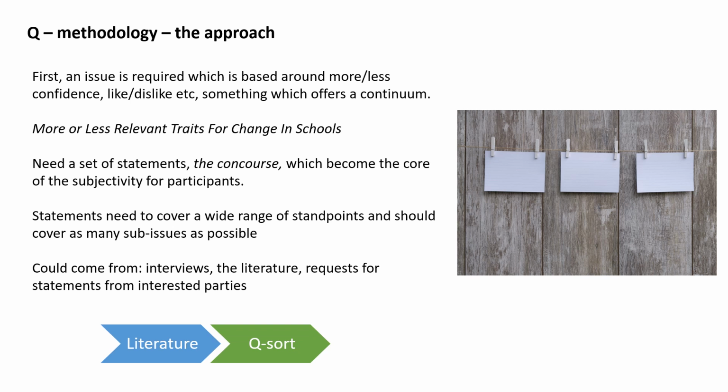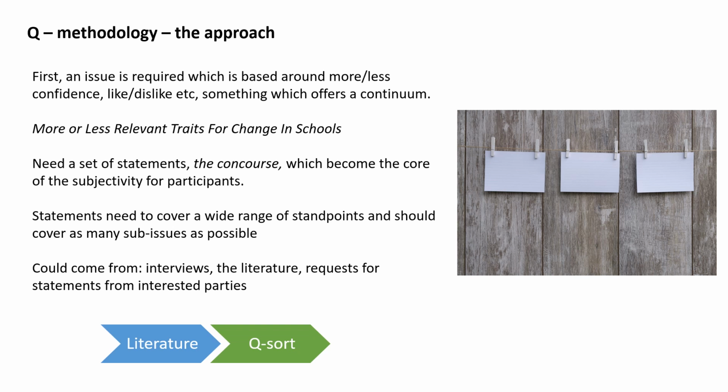You could do it from literature. So you could say, right, I'm going to read some literature on the particular issue. I'm going to look for lots of different ways in which we can understand that issue, and then create my statements from that. Or you could actually ask a group of people that are central to that issue for a whole bunch of statements. Can you give me various statements about this issue?